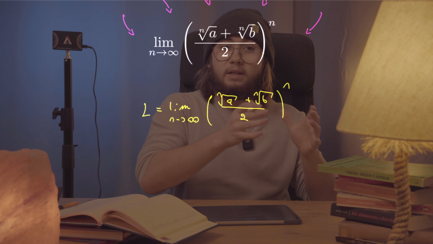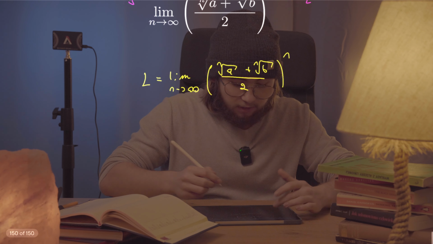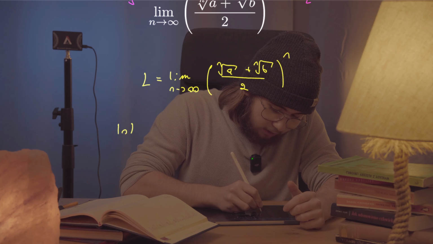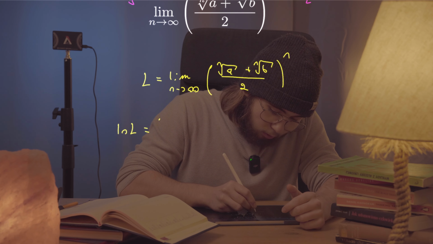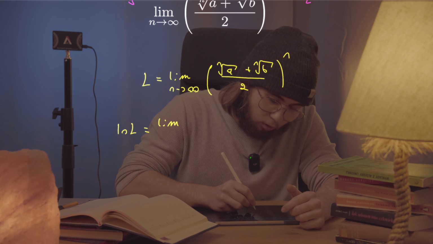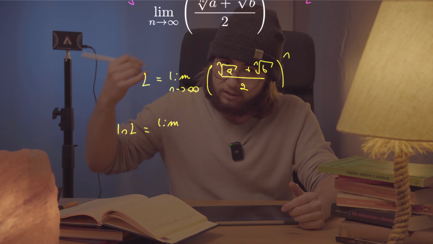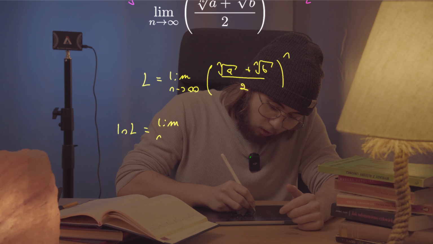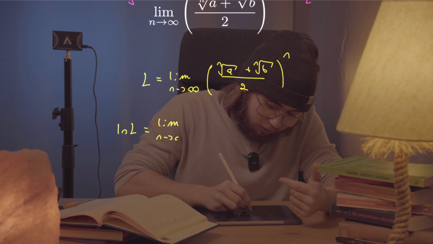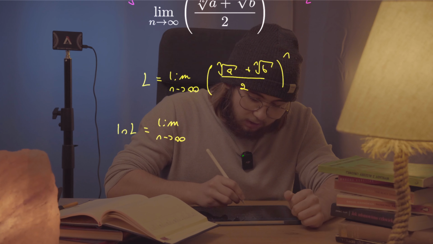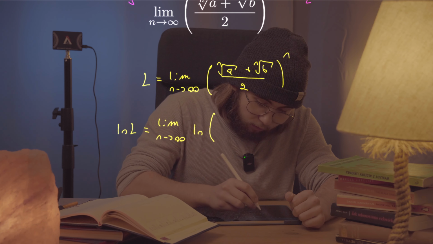And now we can take the natural log of both sides. So I'm going to get the natural log of L being equal to the natural log of this entire limit, which is the limit of the natural log of the expression inside this limit. So the limit as n goes to infinity of the natural log of this entire expression.